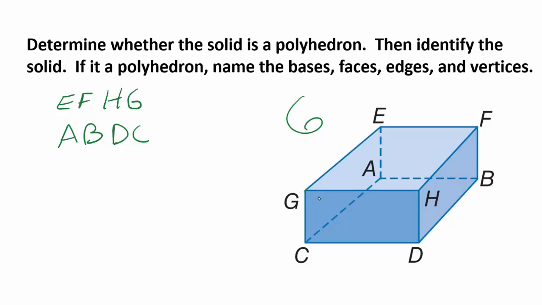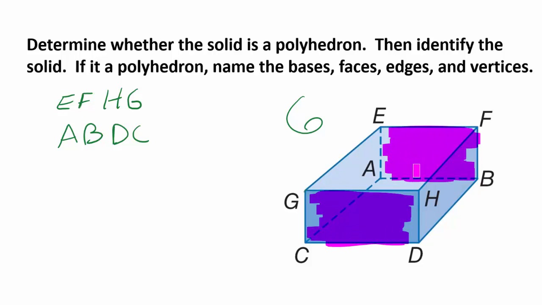Let's continue with the front face. I'm going to highlight this one up here, and then the back face. I'm going to highlight that one there too. And let's name them. The front one, we'll start with G, H, D, C. The back one, E, F, B, A. And all these are going to be rectangles.